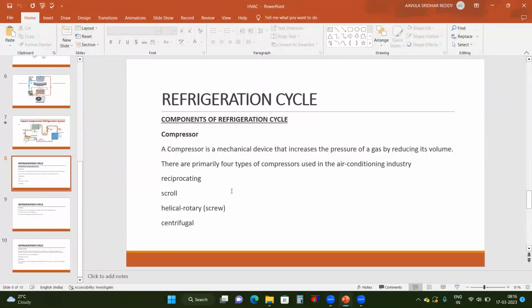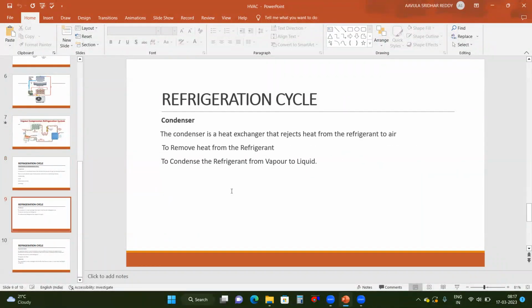There are primarily four types of compressors used in the air conditioning industry: reciprocating, scroll type, helical rotary or screw type, and centrifugal compressor. And the condenser. The condenser is a heat exchanger that rejects heat from the refrigerant to air.